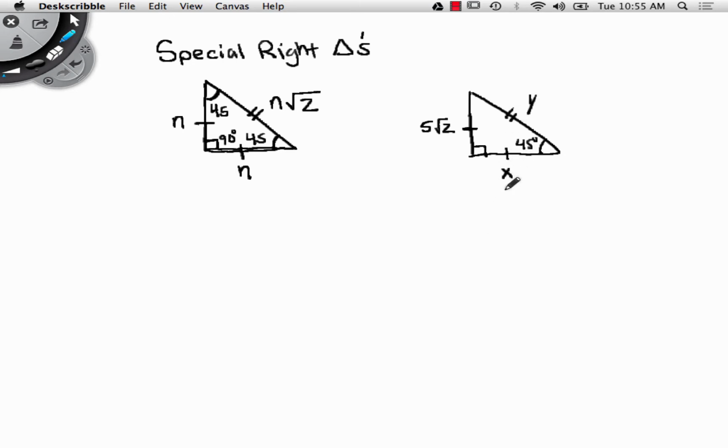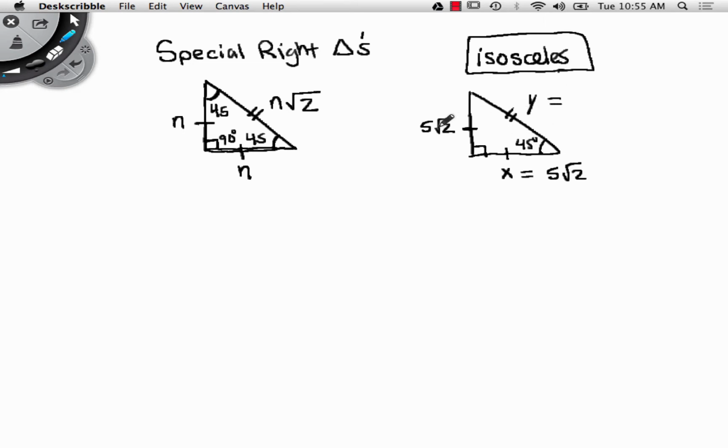How much is x and how much is y? Well, x has to be what? 5 square root of 2. It must be. There's no other choice. Because, by the way, a 45, 45, 90 is also what kind of a triangle? Isosceles. If you have a 45, 45, 90, you definitely have an isosceles triangle.